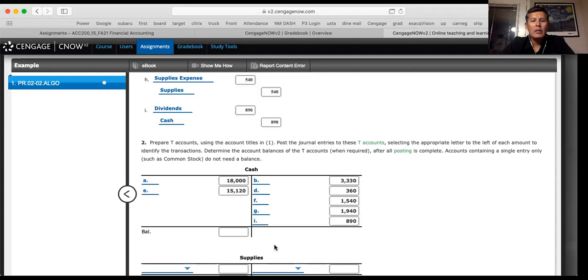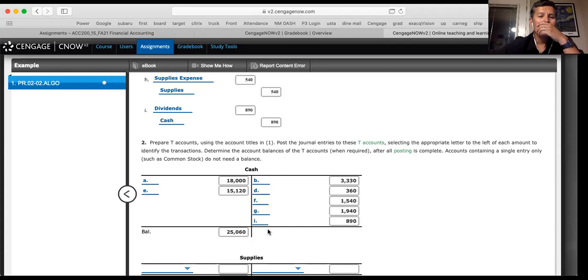I'm going to minus 3,330, minus 360, minus 1540, minus 1940, minus 890, and then we're going to have a balance of $25,060. So I added these up and subtracted everything on this side. Now we have a debit balance. Remember, a debit balance means we have extra money in there.